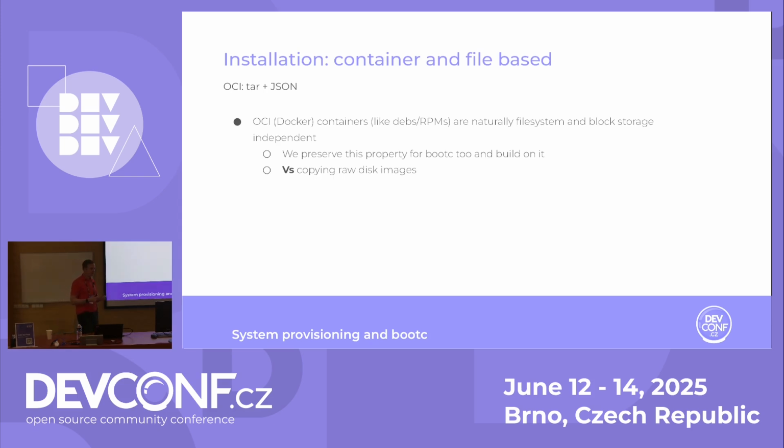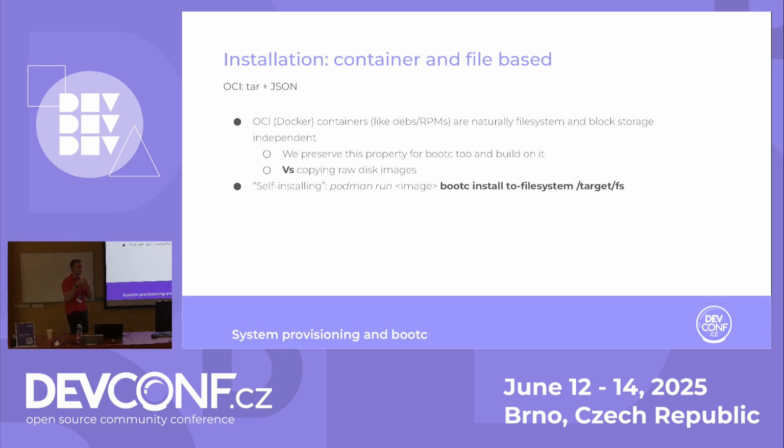Now, we do need to, in some cases, support starting from a disk image, as we do today. This idea is manifested in bootc install to-filesystem, where the container image that you build can be self-installing. bootc knows how to take the contents of its own container image and materialize it to a file system tree.